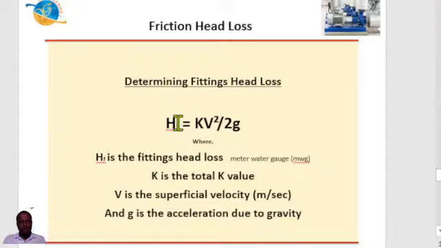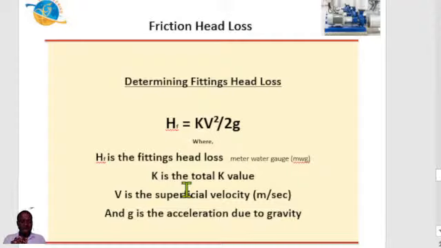You have your fittings head loss, denoted as HF, being equal to K V squared over 2g, where HF is the fittings head loss in meters water gauge, and K is the total K value.